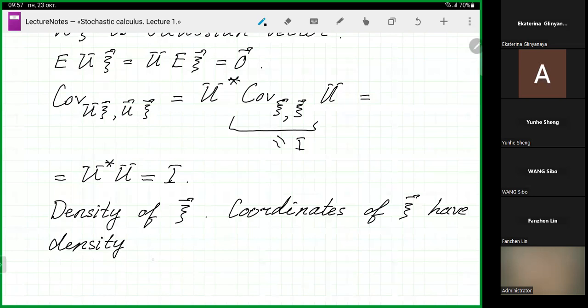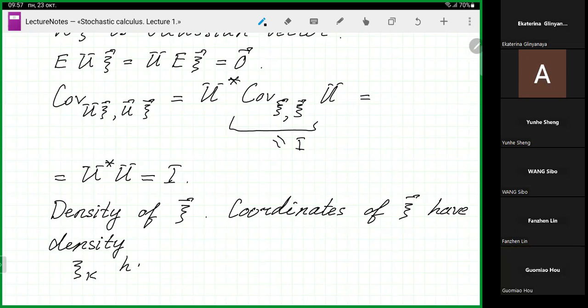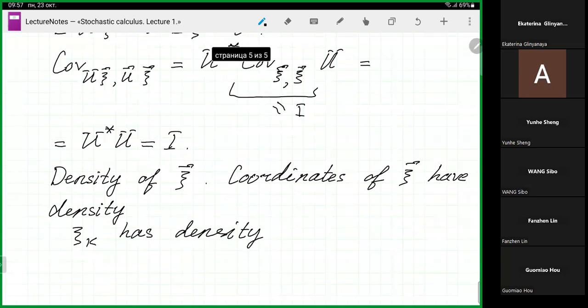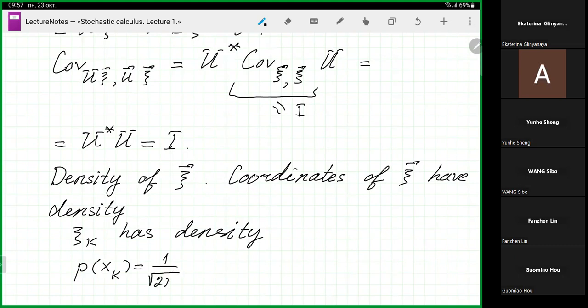And this density has the following kind. Psi k has density p of xk equal to 1 over square root of 2 pi, exponent minus xk square over 2.